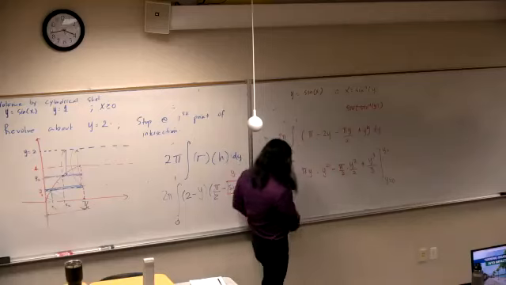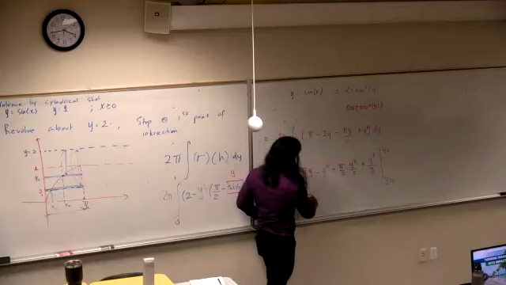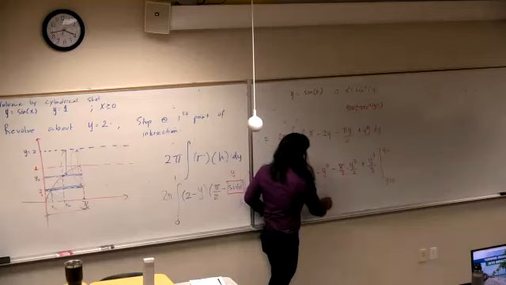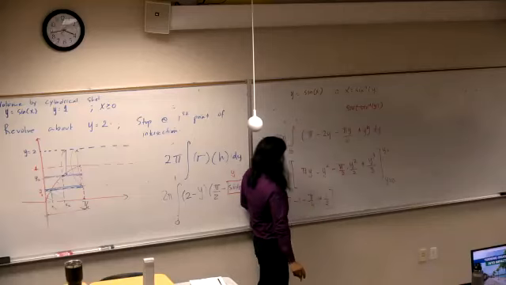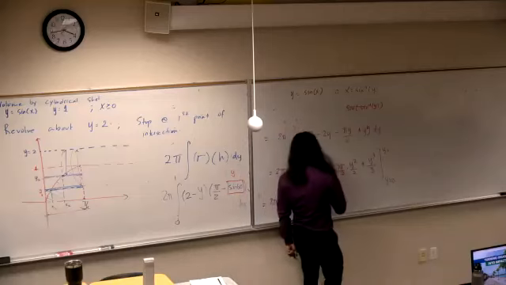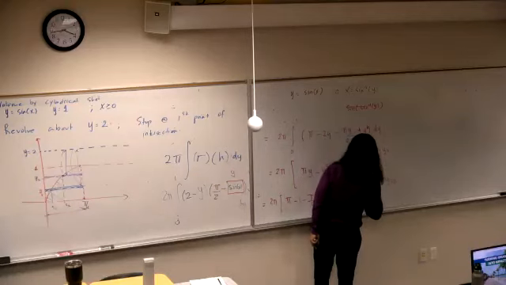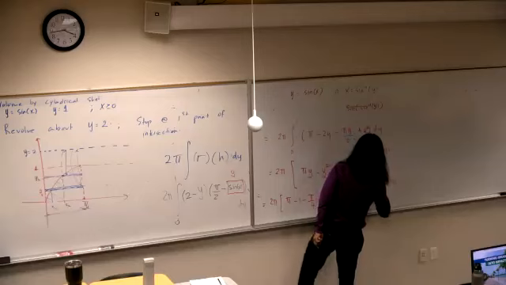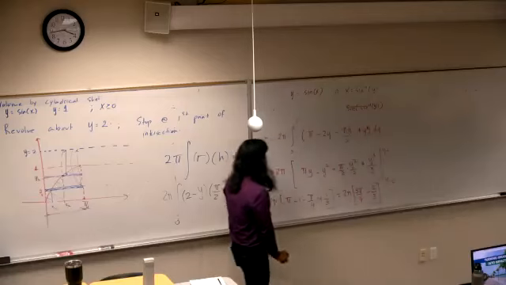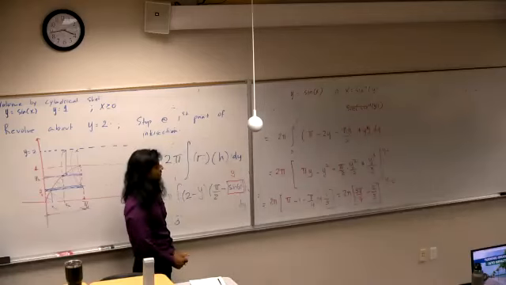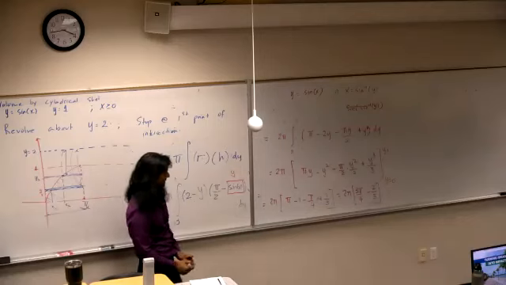Plug in, you'll get pi minus 1 minus pi over 4 plus 1 over 3. Pi minus pi over 4 is 3 pi over 4. Minus 1 plus 1 over 3 is minus 2 over 3.